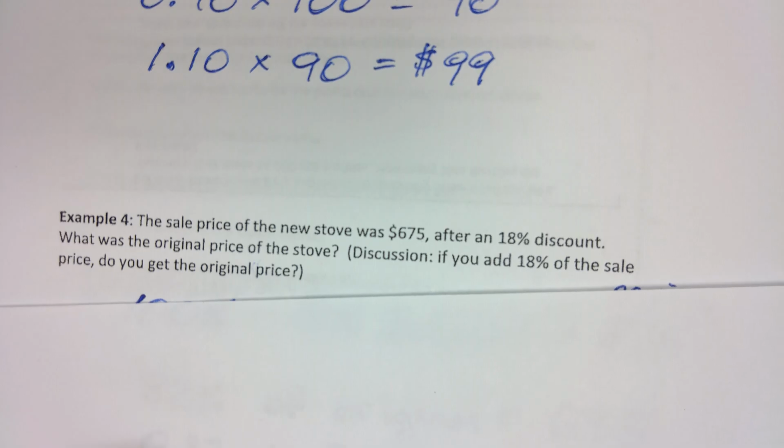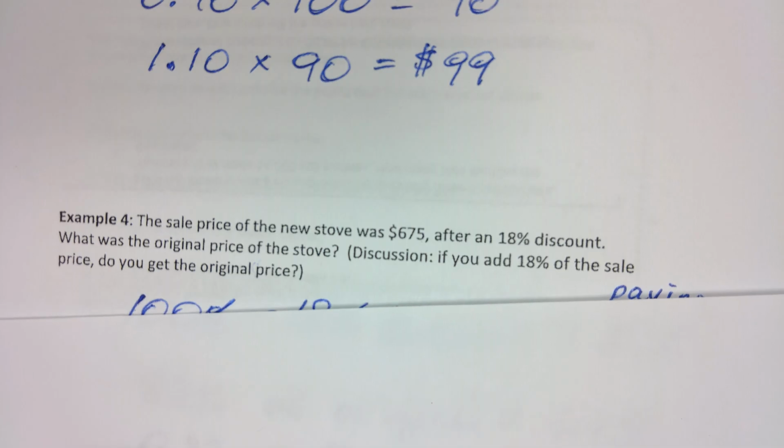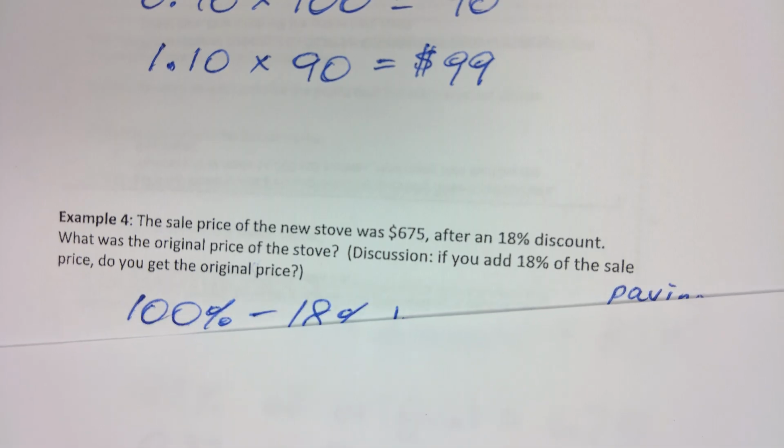Okay, you can do that. Another method? Yeah. So what I did, this 675 is 82 over 100, so I multiplied both sides by 100 over 82. And that got 823 and 7 over 41. That's the original price. Okay.